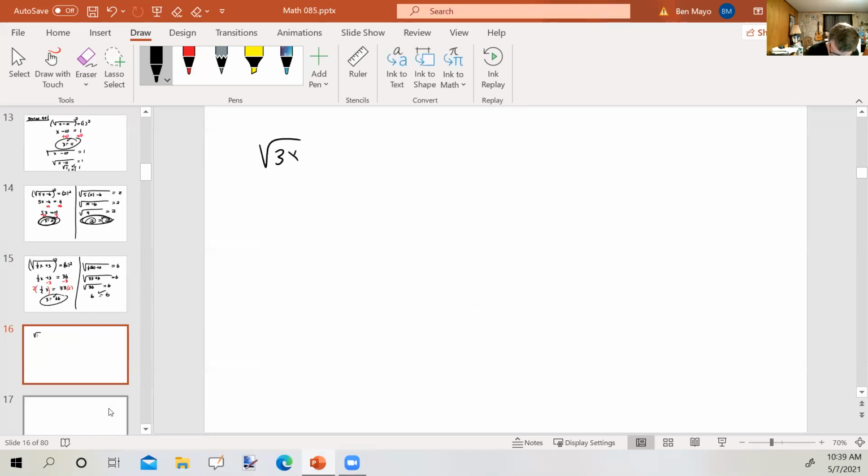The square root of 3x plus 5 equals 2. I want to point out the 5 is not inside of the radical. It's a separate term. So again, the first thing we want to do is isolate the radical term. So we'll subtract 5 from both sides of the equation.